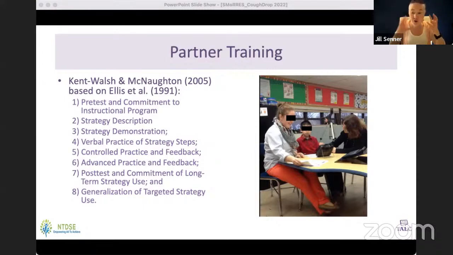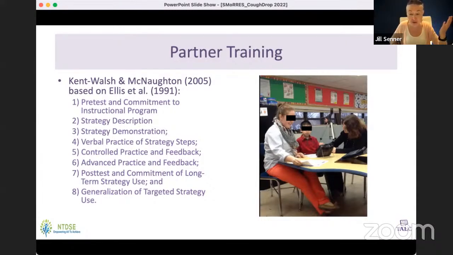Although all 8 instructional steps, pre-test, commitment, strategy description, strategy demonstration, all the way through, are present in each program, the thing that differs is the strategies that are being taught to school staff.